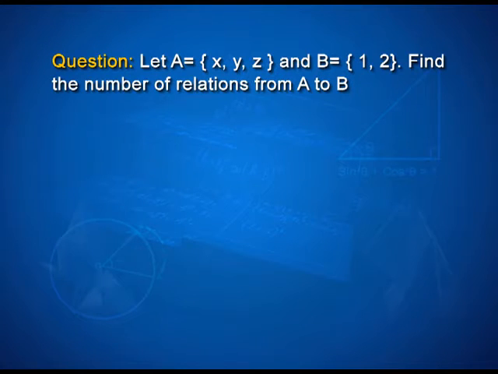Here is another example. Let A be the collection of elements x, y, z, and B has 1, 2. Can we find the number of relations from A to B?